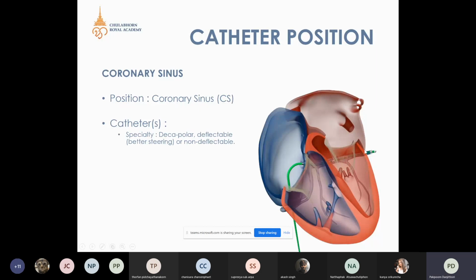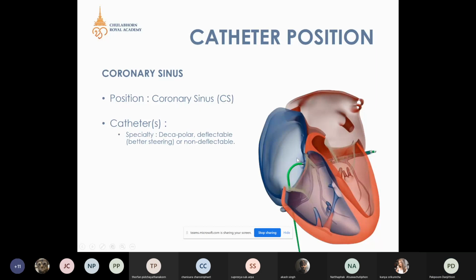You will see from the picture that the distal electrode will be the most lateral of the left side of the heart, and the most proximal electrode will be close to the septum of the right side of the heart.